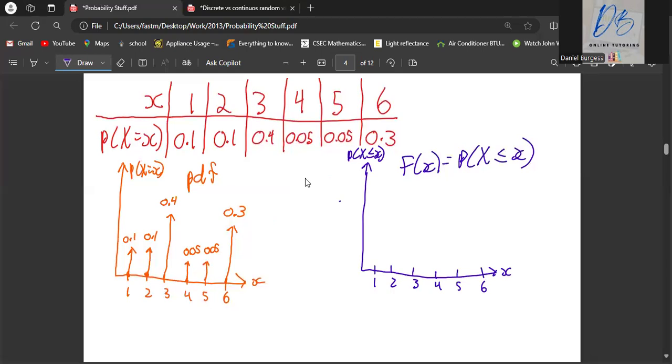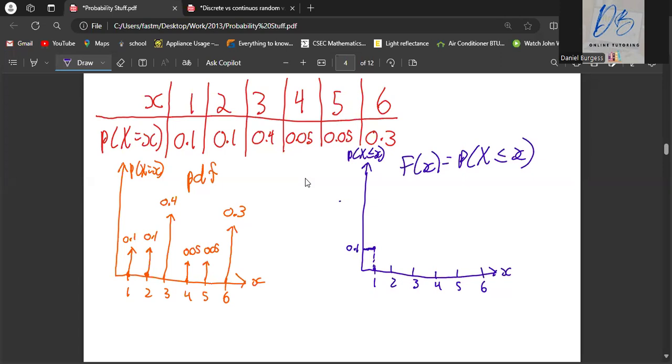If we start at 1, it will be the probability of X being less than or equal to 1, which from the table is 0.1. It has nothing before, so it would just be 0.1, a horizontal line at 1, 0.1. Then we go to 2: the probability X is less than or equal to 2.